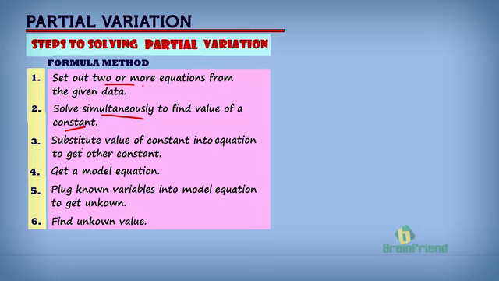Substitute that value that you have found into one of the original equations, and then you will get the value of the second constant. So now you have the values of the 2 constants. Use those constants to create a model equation. And finally, plug in the known variables to find out your unknown variable.